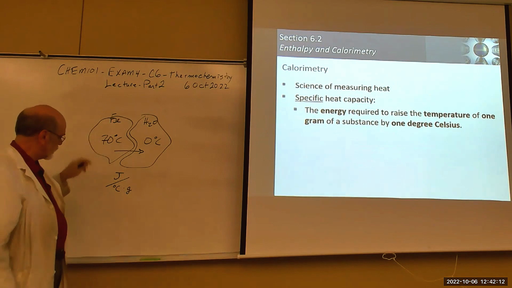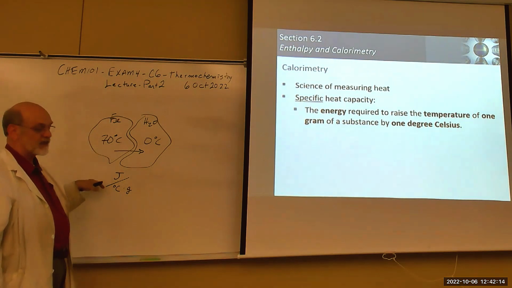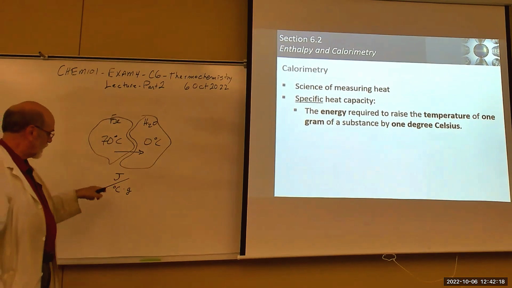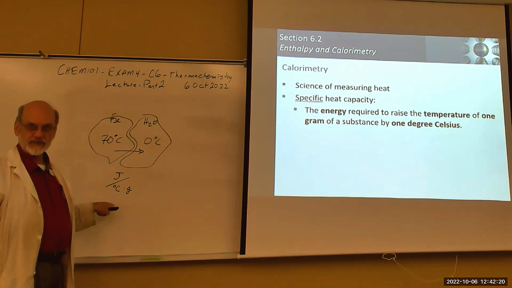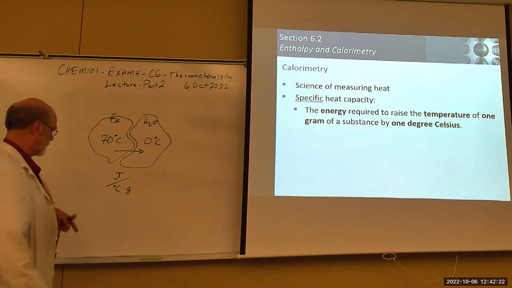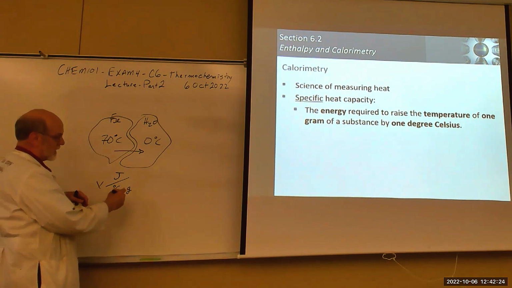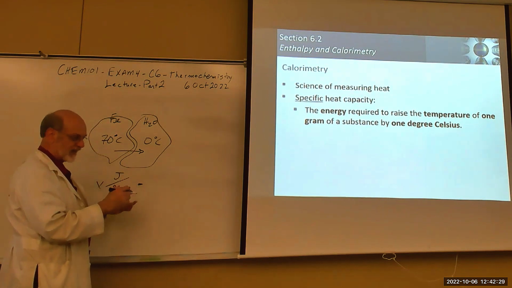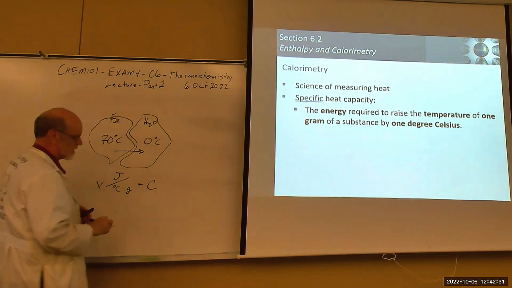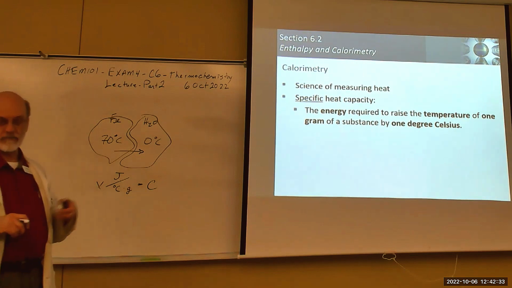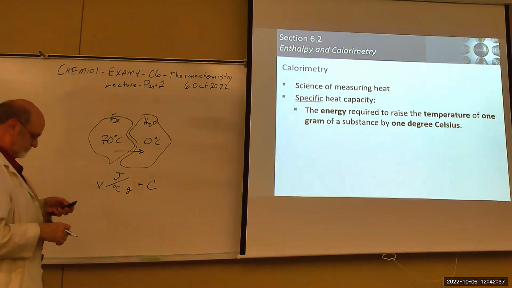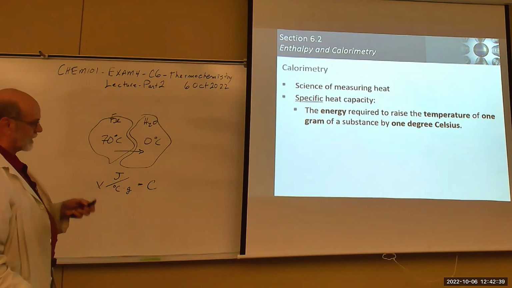So if you have pure iron and you determine a value here for that, and you get another sample of pure iron, then it will have exactly the same specific heat capacity. And I don't know what that is off the top of my head, but we give it a variable, a letter, C, in our formulas.